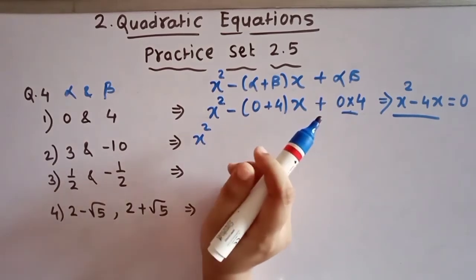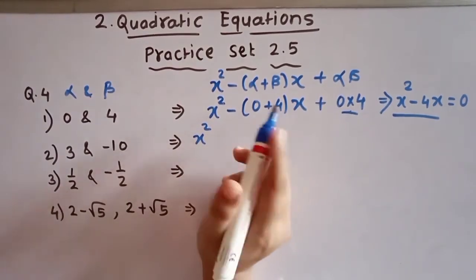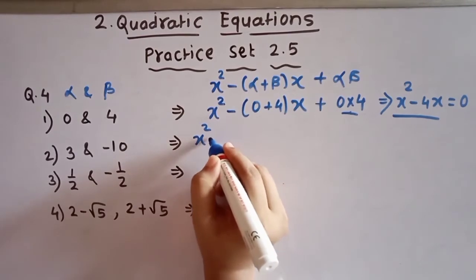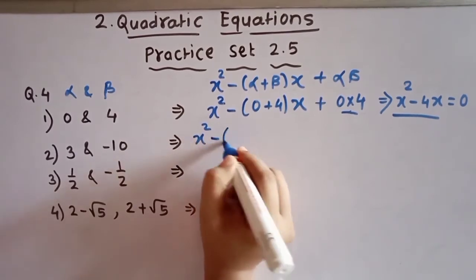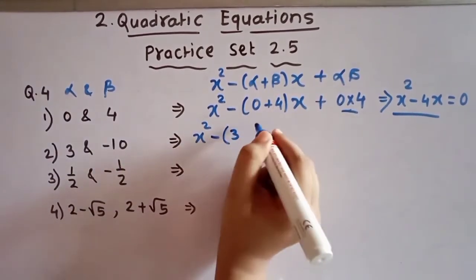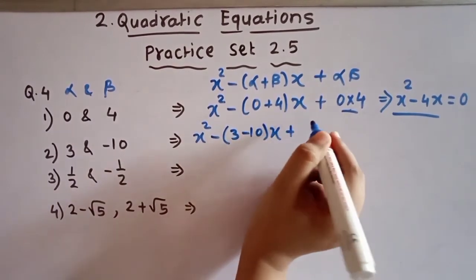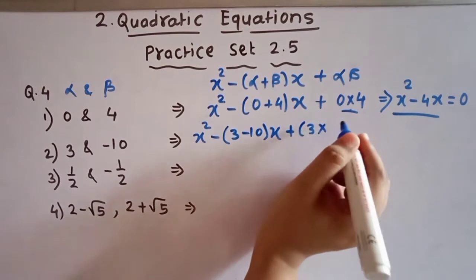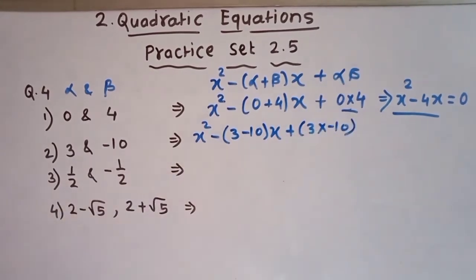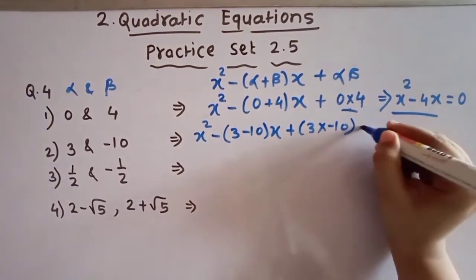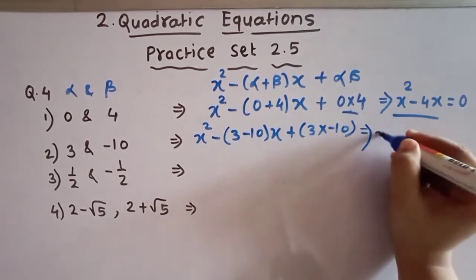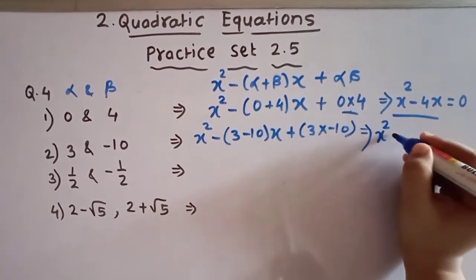Don't skip that or write directly. So next, x square minus (alpha is 3, beta is minus 10) times x plus alpha into beta, so 3 into minus 10. Yes or no?